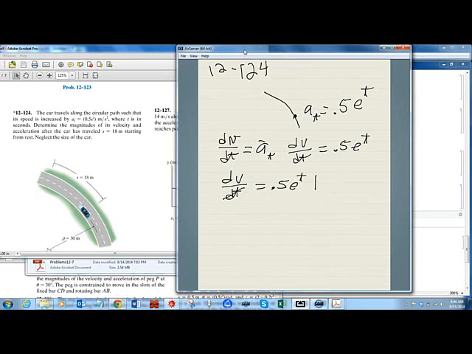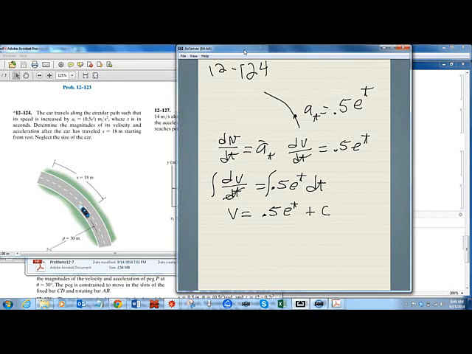Separate the variables. And then I'm going to integrate both sides. So v equals, what's the integral of 0.5 e to the t? 0.5 e to the t plus an arbitrary constant. How do you find that constant?